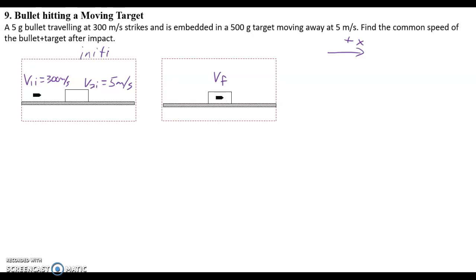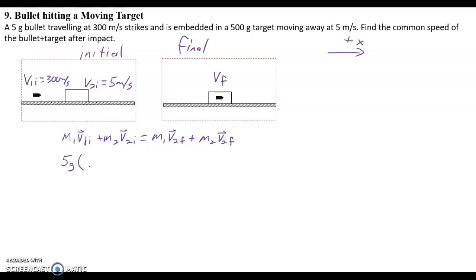So this is initial and final, and so we can apply our conservation of momentum equation. M1 V1I plus M2 V2I equals M1 V1F plus M2 V2F. I wrote it down just as it appears on our equation sheet, remembering that all these velocities are vectors, and now we can fill in the values.